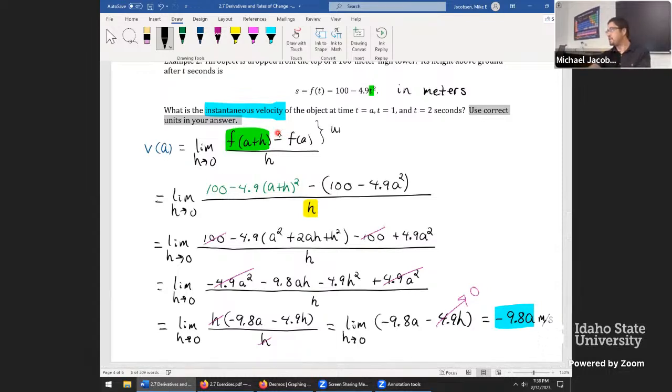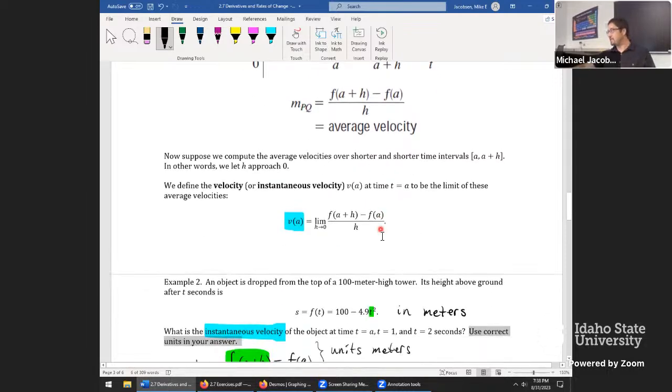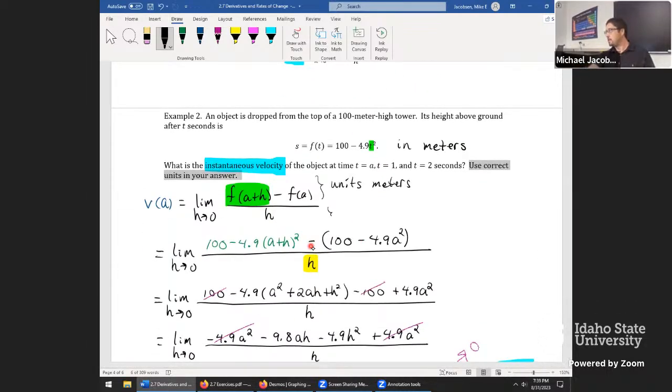So that has units, meters. But what about the denominator? There's an h there, and h is always kind of confusing. But if we scroll up and look at the graphics, it says where h came from. H is right here, a tiny offset on a, so that we could get a secant line and take a limit on its slope. But that means it came from the time variable here, and I believe time was in seconds for this problem. So that means the denominator unit is seconds.